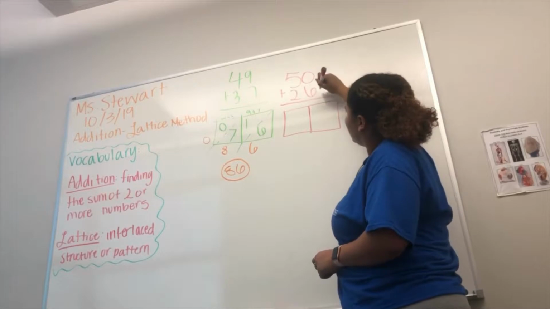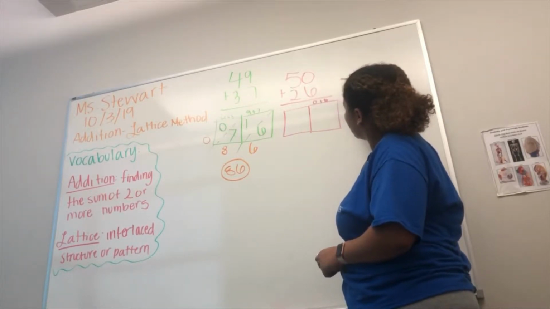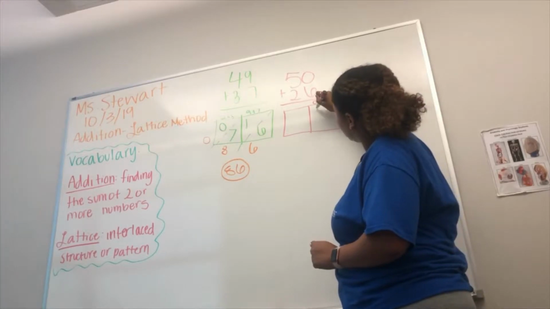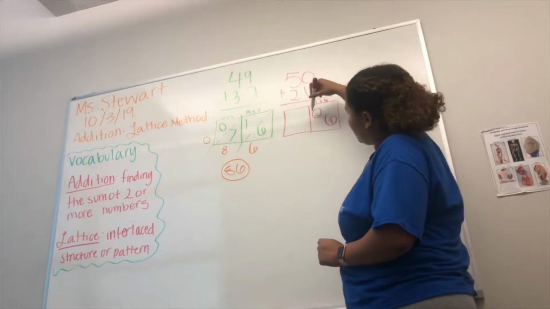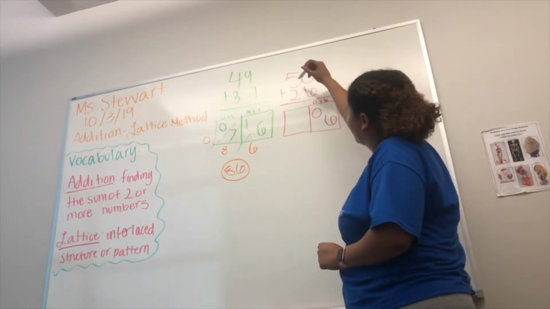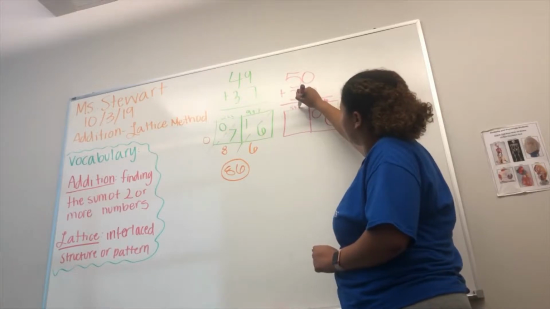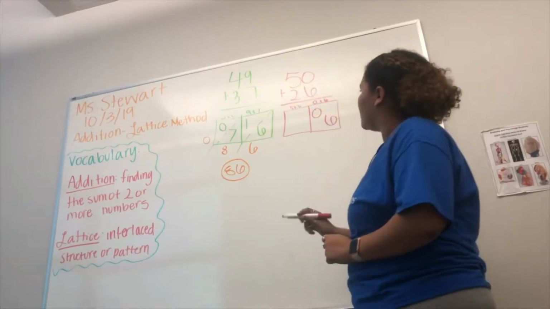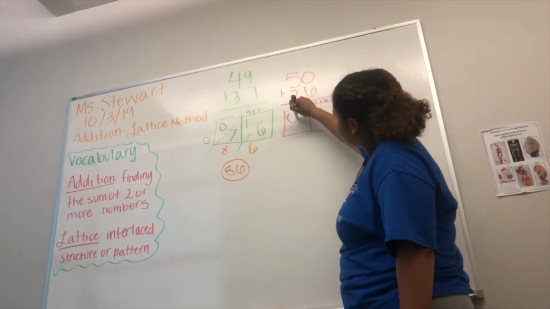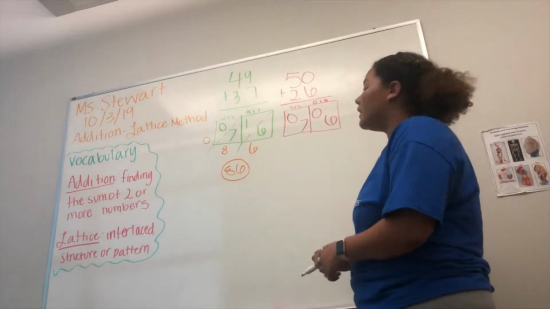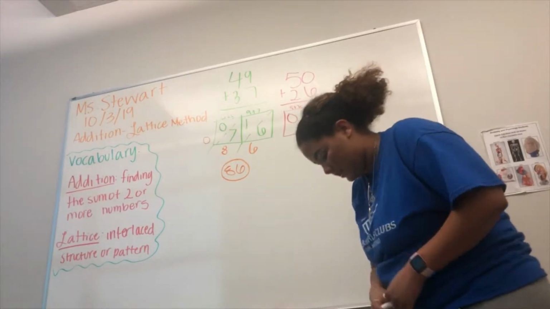So 0 plus 6 goes over here. 0 plus 6 is 6, so 0, 6, because there's no number in the tens place. Okay, so the next one is 5 plus 2, and we're going to put that one in the tens box. So 5 plus 2 is 7, so 0, 7, and then again there's no number in the tens place.